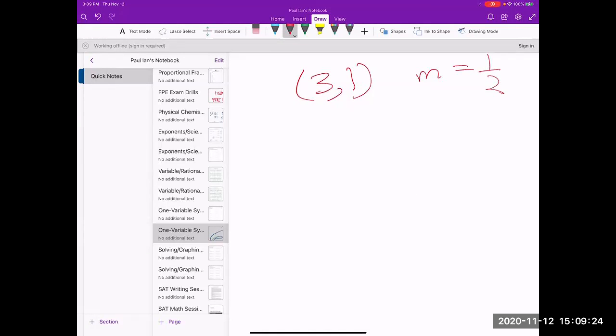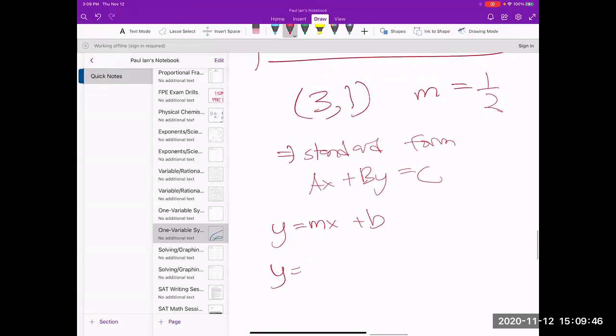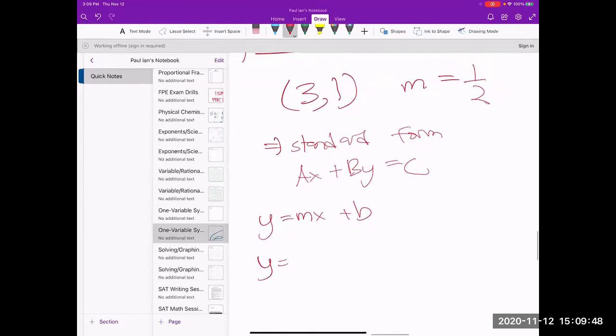So you have this guy and 3, 1, and then you need to get the standard form, or ax plus by equals c. So y equals mx plus b. So what is your m? 1/2.